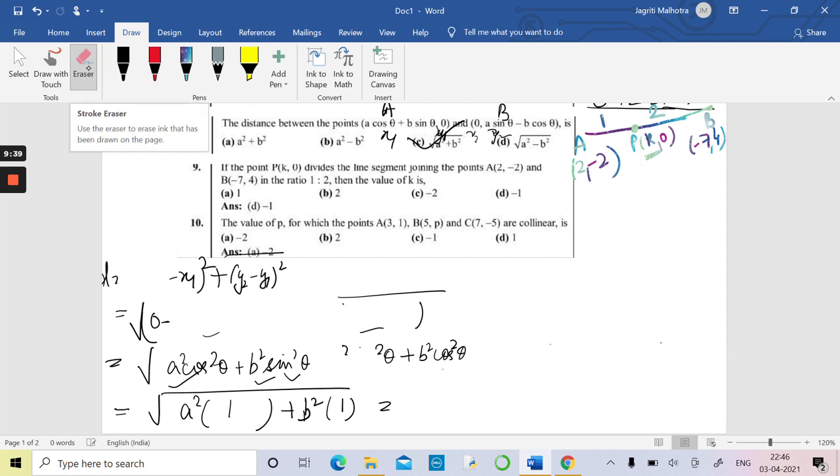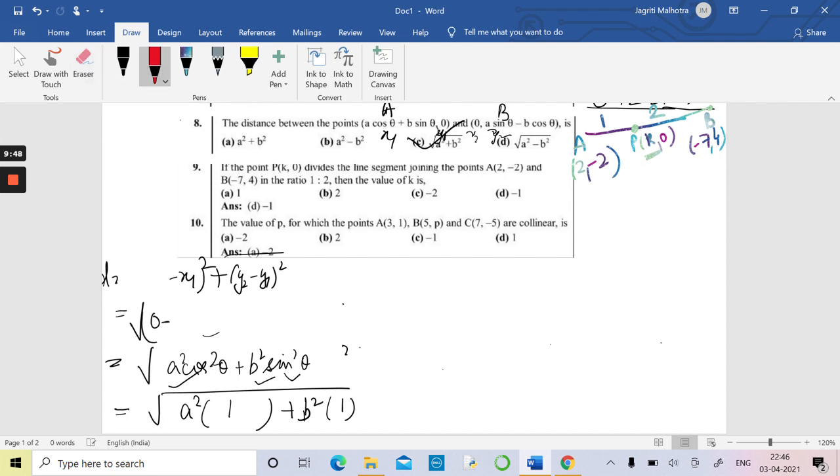I hope you were clear with the earlier question. Okay, what our section formula is: (m1 x2 plus m2 x1) upon (m1 plus m2) comma, this is our x portion, (m1 y2 plus m2 y1) upon (m1 plus m2).